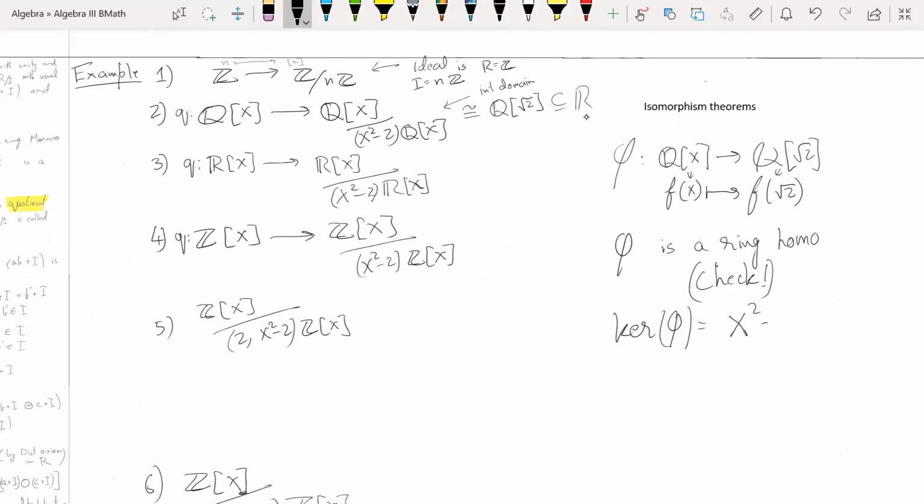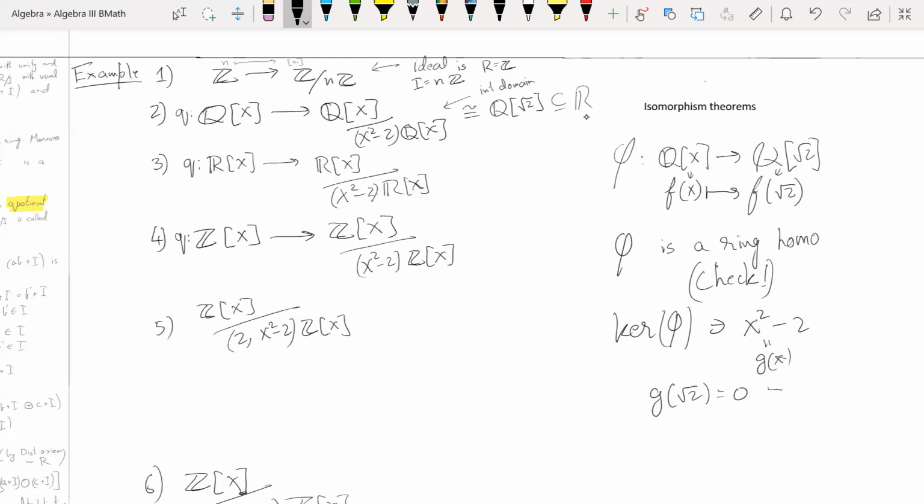If we call this g(x), then g of square root 2 is 0, because square root 2 whole square is 2, and 2 minus 2 is 0.